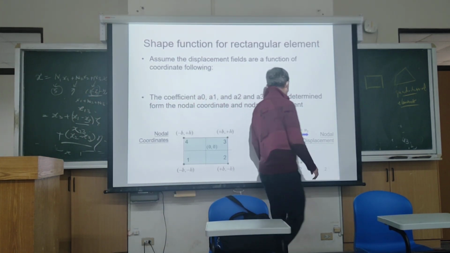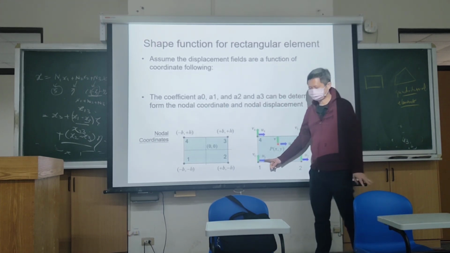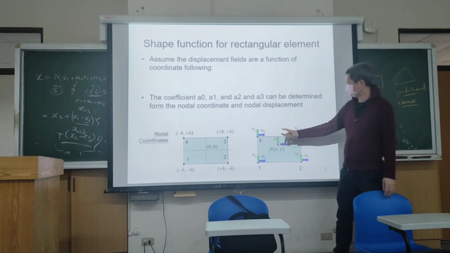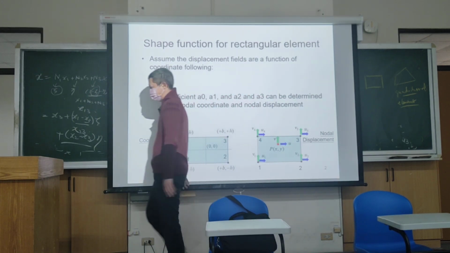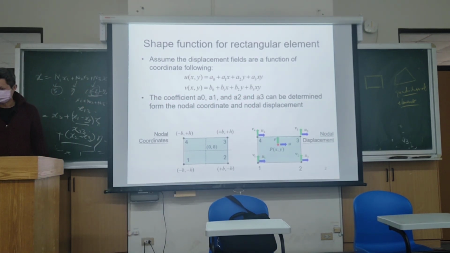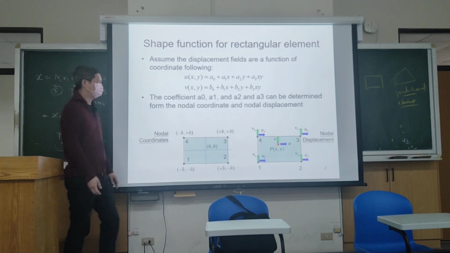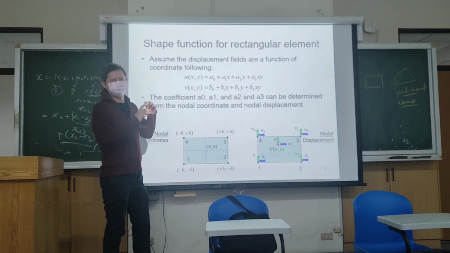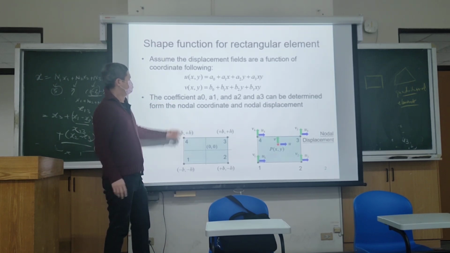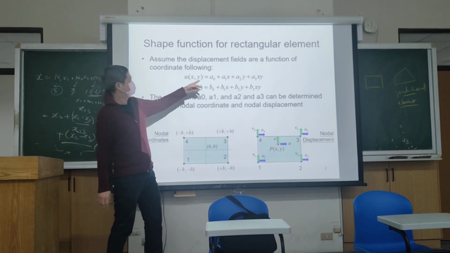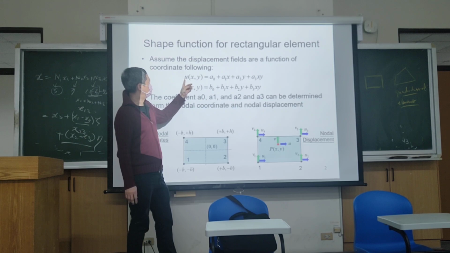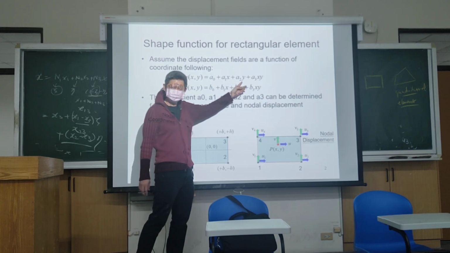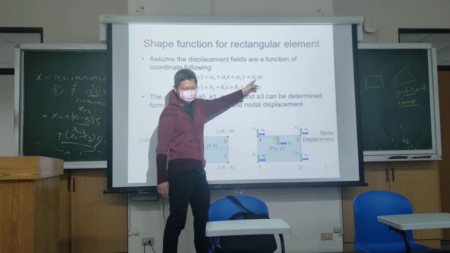Corresponding to the 4 nodes, you define the 8 displacements: u1, v1, u2, v2, u3, v3, u4, v4 in the x and y direction respectively. Now, in order to do the interpolation, because you already have the full 2D element, you express your displacement field as a linear function, not quite yet, plus a nonlinear term.